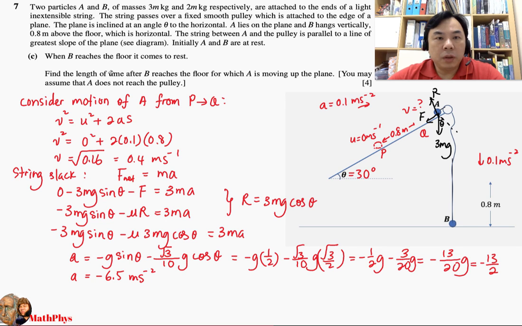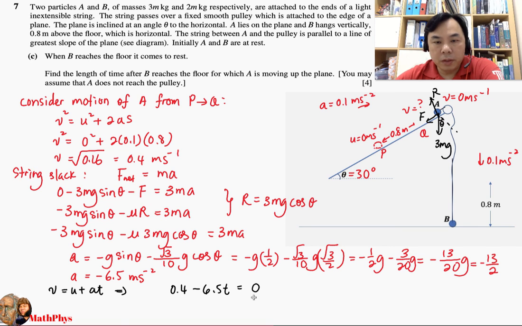Now we just need to find out how long it takes before it reaches a final velocity of 0 meter per second here. So we can apply another SUVAT equation. The easiest one that we can use is v equal to u plus at. The final velocity must be 0, its initial velocity should be 0.4, acceleration is negative 6.5, and the unknown is t.